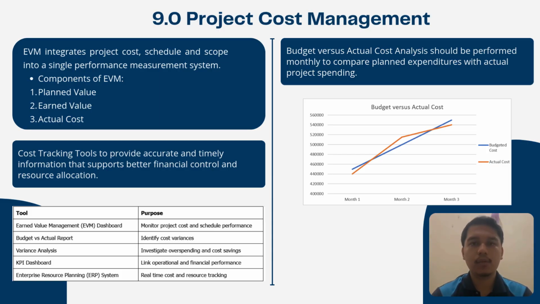Several cost tracking tools are also recommended, including an EVM dashboard, variance analysis, budget versus actual reports, KPI dashboard, and enterprise resource planning, or ERP, system. These tools provide accurate and timely information that support better financial control and resource allocation.